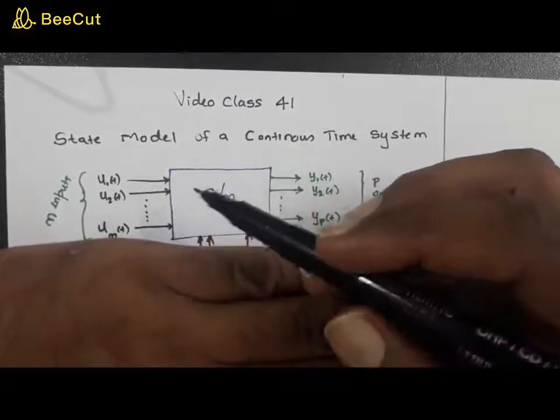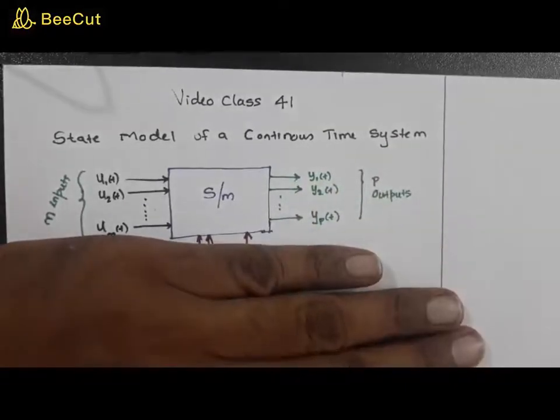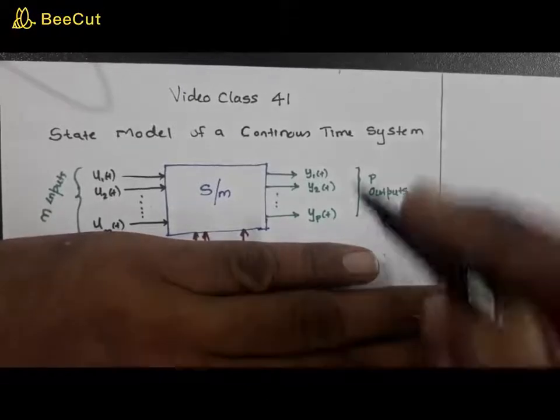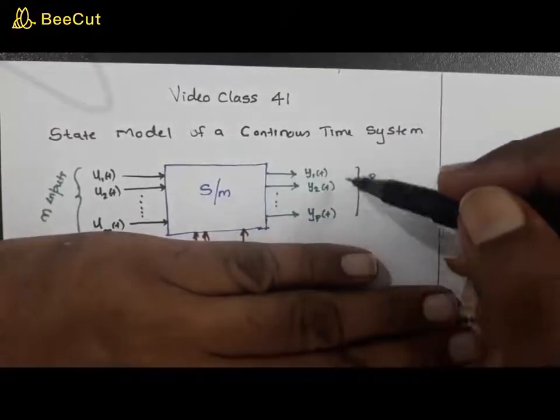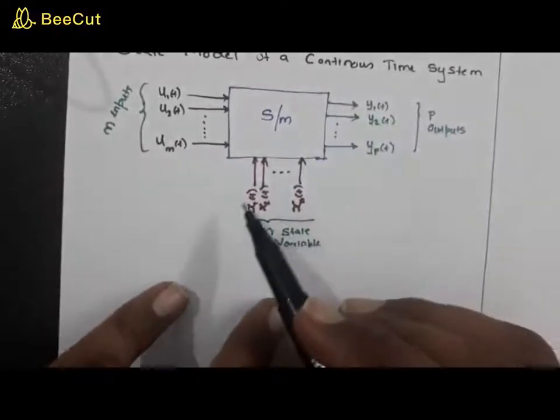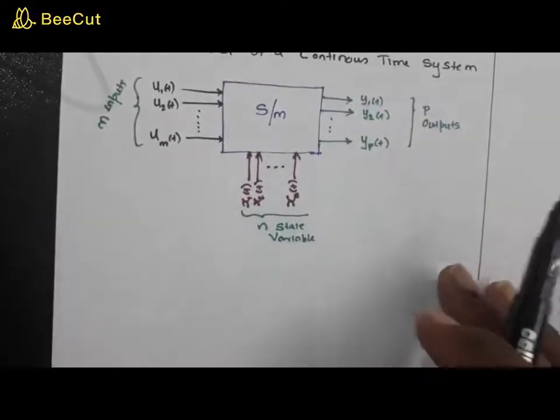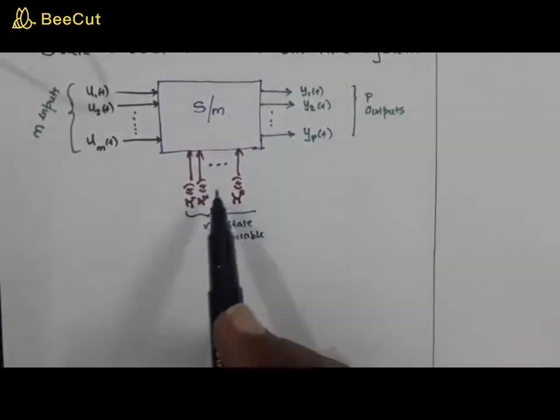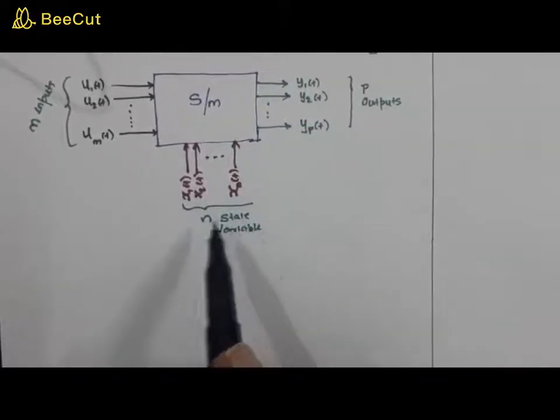But practically speaking, if you have a capacitive element or an inductive element in an electrical system, then this result may go wrong if you are not considering the state variables. So that is the meaning of introducing the state variables, and you are considering that you have n state variables.